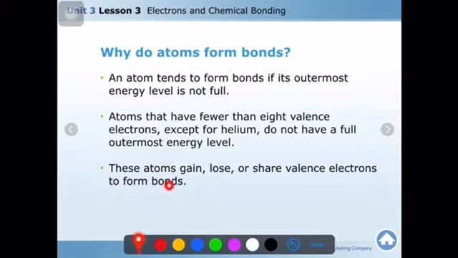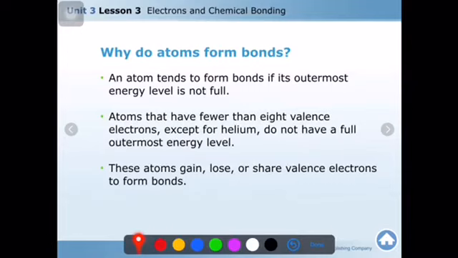Actually, here you will understand that bonds form by 3 methods: gain electrons, lose electrons, or share electrons. Gaining and losing electrons is one type of chemical bond. Sharing electrons is another type of chemical bond. The names of those bonds are ionic and covalent bonds, but you are not responsible for the names because they are not mentioned in your book.